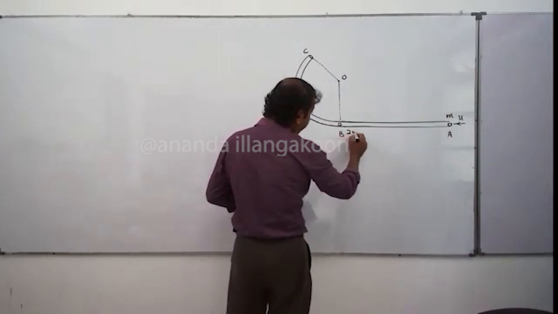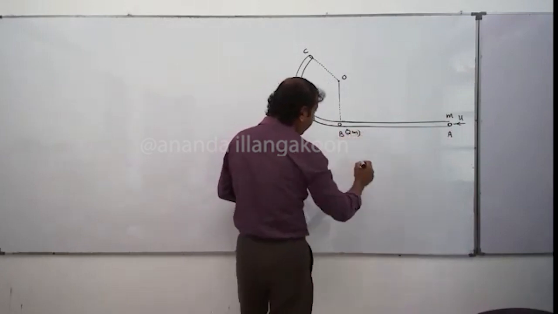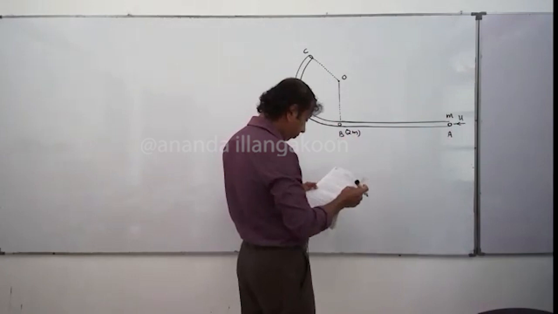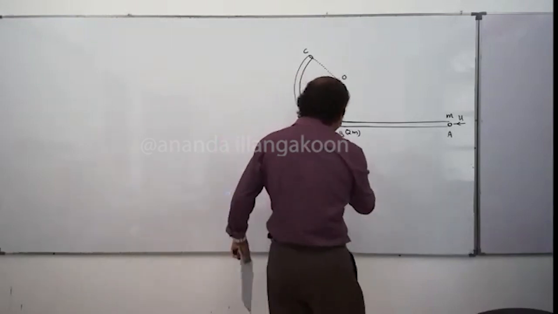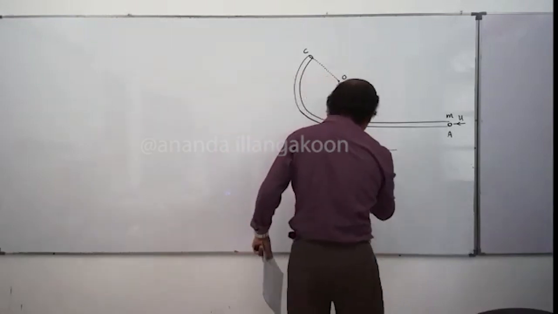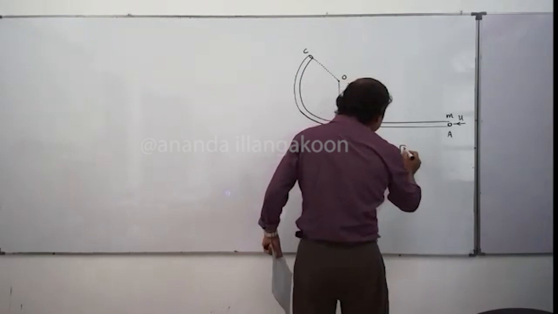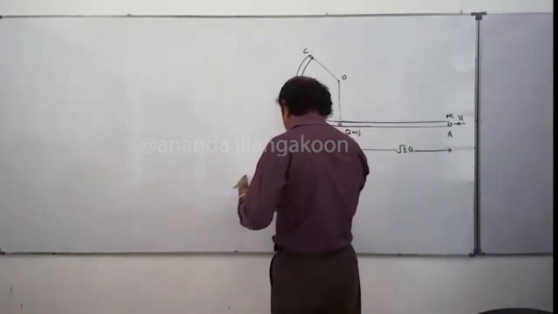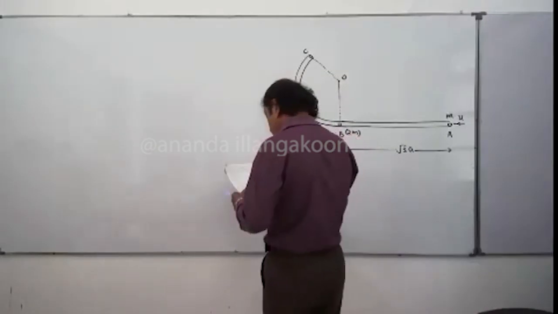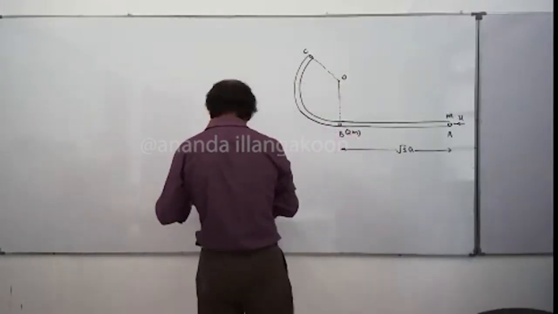This is 2m. And this AB length is root 3 a, right? And this radius is a.